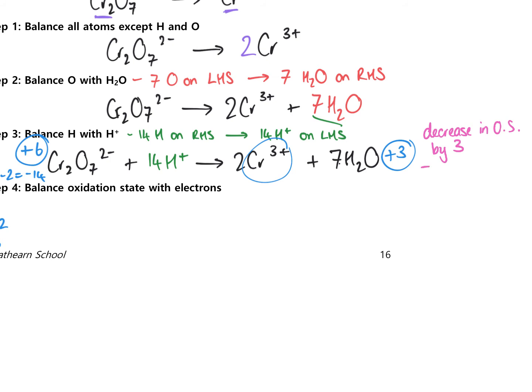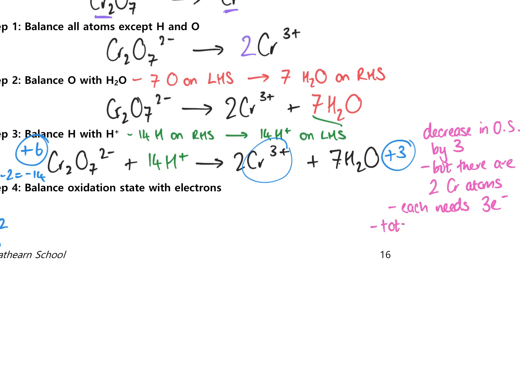However, there are 2 chromium atoms, and each of them is going from plus 6 to plus 3. So you could write there each needs 3 electrons. Okay, so here again we have got a reduction because it's a decrease in oxidation state.